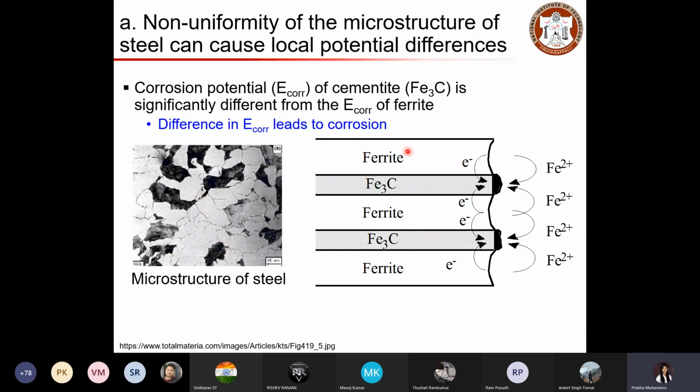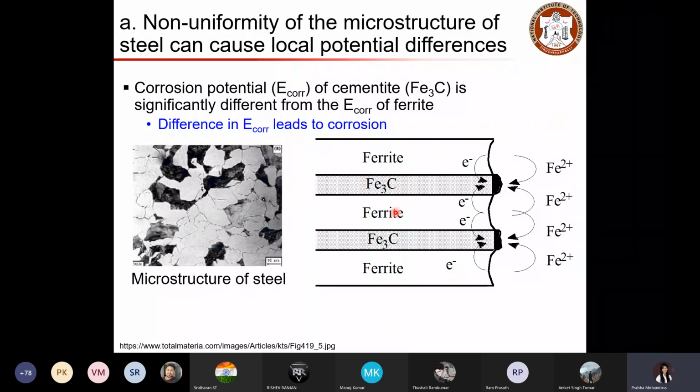Here you can see the ferrite phase and cementite phase. At a microscopic level, if you look at the steel, you can see these compositions: ferrite phase and cementite phase.